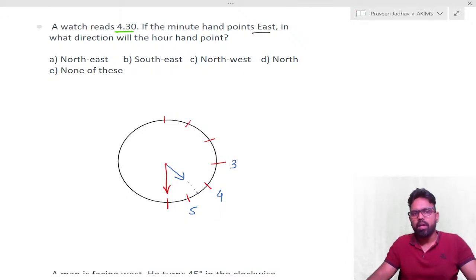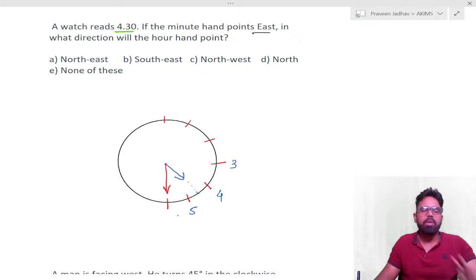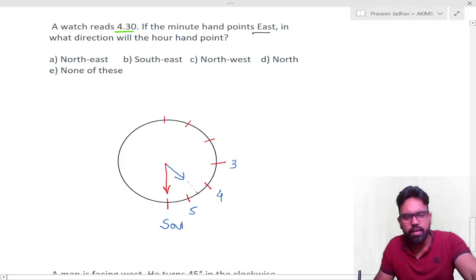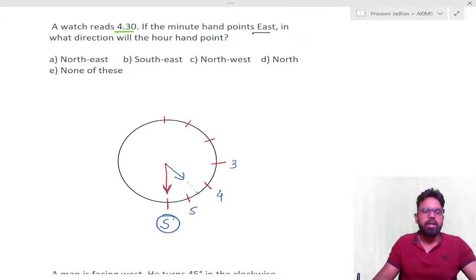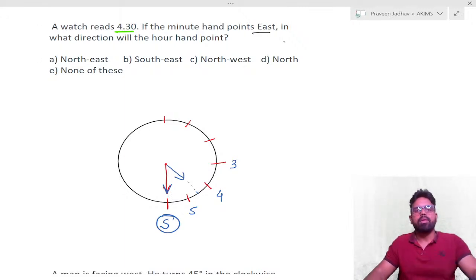No. If the minute hand points east, he says. Minute hand, according to me, when it is 4:30, should have been pointing what? South, right? According to me, this is south, right? The minute hand should have been pointing south. I call this south, but the question is calling it what?